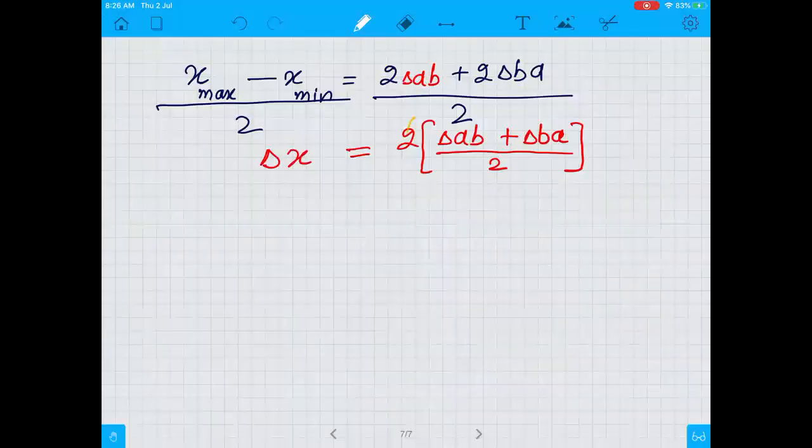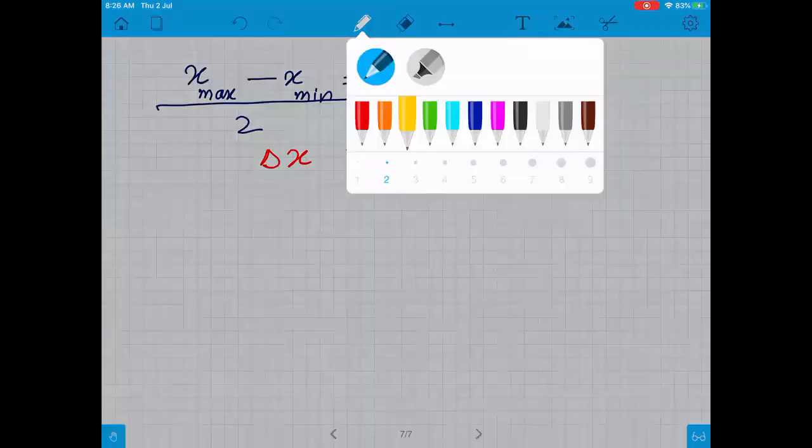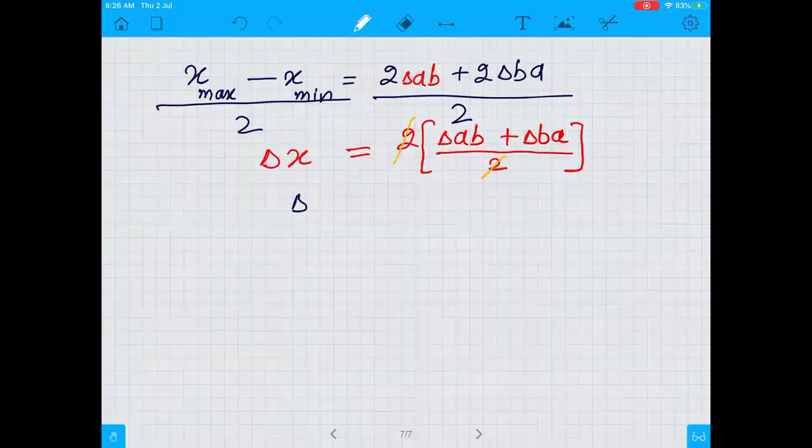Now this 2 will be cancelled with this 2, and the final form of this formula would become delta x is equal to delta a times b plus delta b times a.